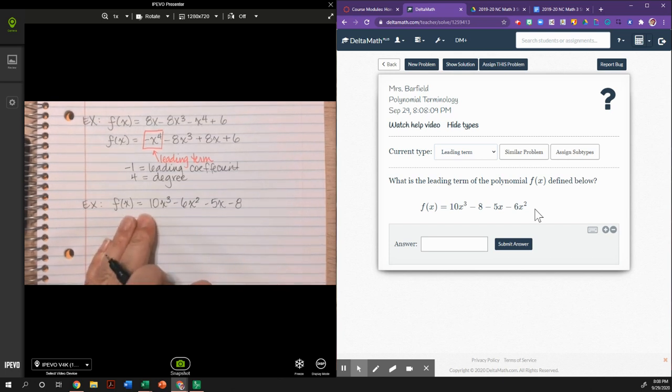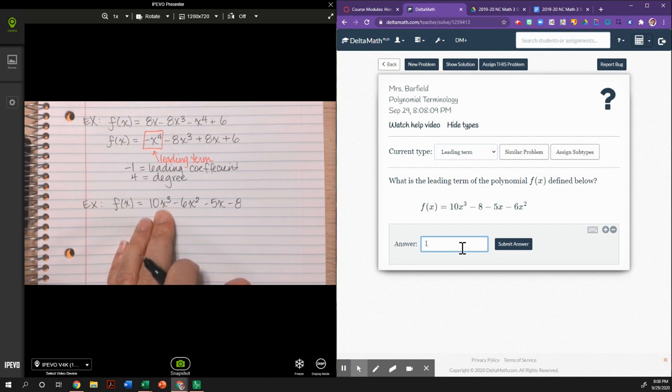Now, I understand for some of you, you're looking at it going, I don't need to practice this. Yes, you do, because we're going to get to something very important that's going to save you in factoring, but you've got to be able to put it in standard form. If you don't have practice with this, it's going to make your life a little bit miserable coming up. So the leading term is the whole thing.